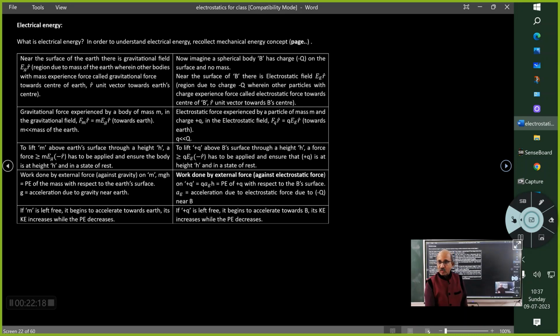What is the work done by the electrostatic field? Yes, very good. Minus F_e into h. So this pen at this point has what? Has electrostatic potential energy.